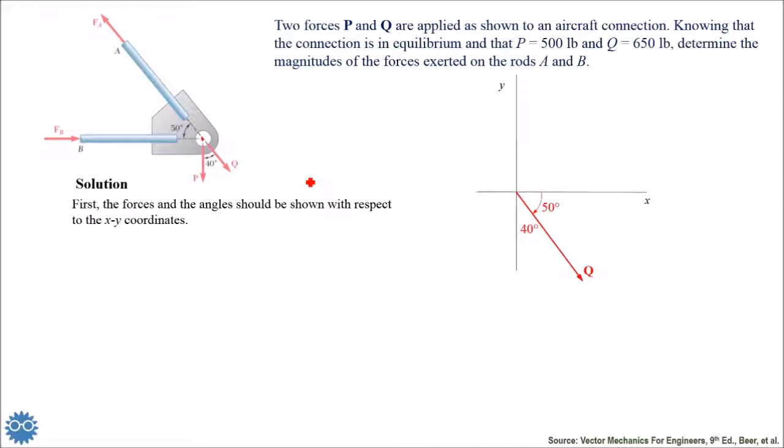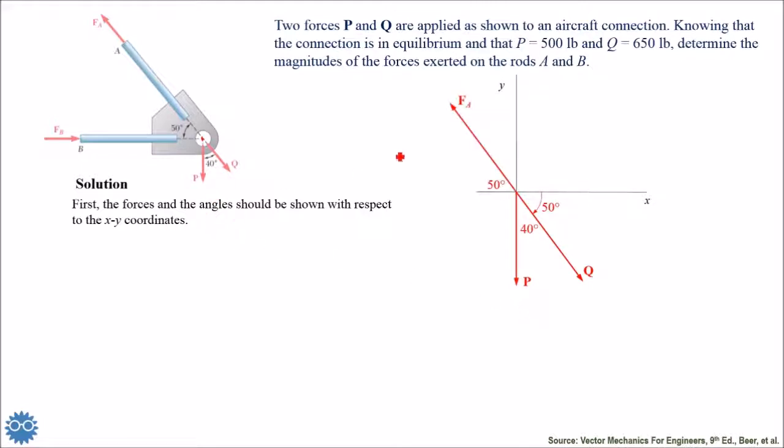First we have the force Q, which is inclined from the vertical by 40 degrees. That means it has an angle of 50 degrees from the horizontal or x-axis. We have the vertical force, which points downward, P.